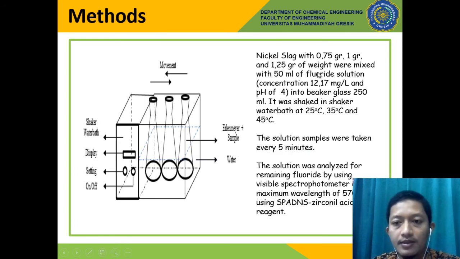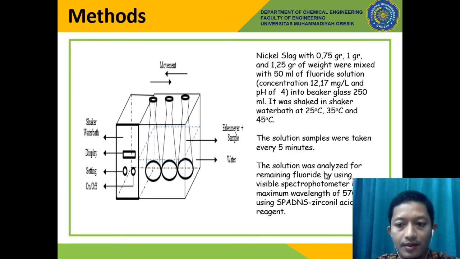And nickel slag with 0.75 gram, 1 gram, and 1.25 gram of weight was mixed with 50 milliliter of fluoride solution, with a concentration of 12.17 milligram per liter and a pH of 4, into a 250 milliliter beaker glass, and shaken in the shaker bath at 25, 35, and 45 Celsius.